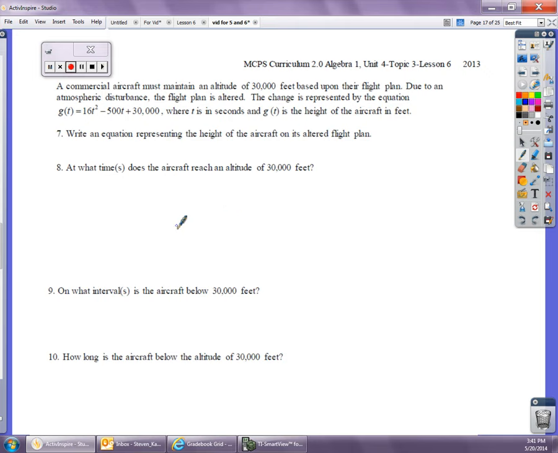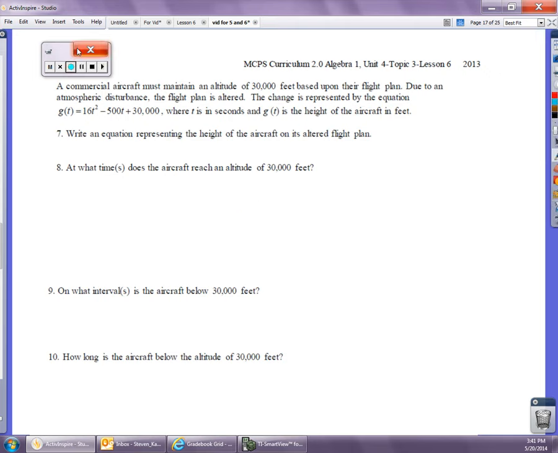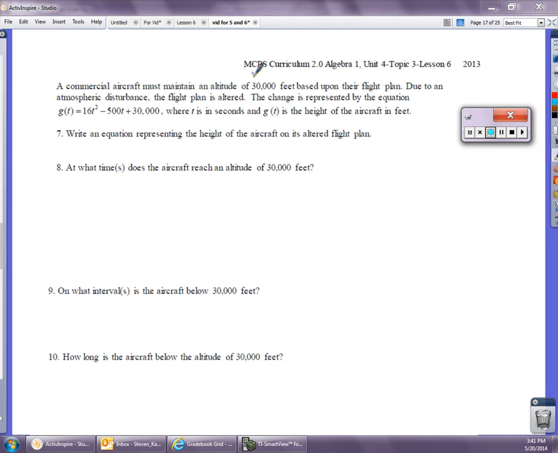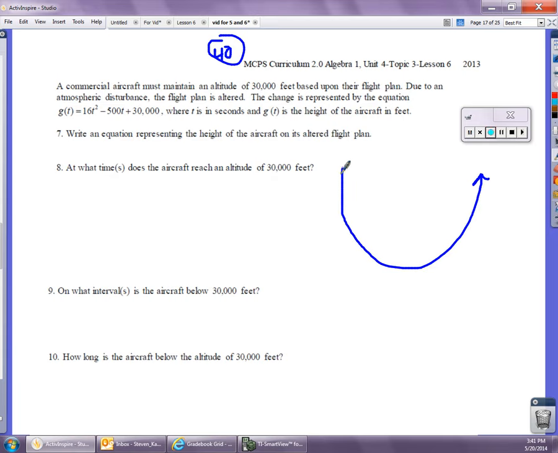So this was part of the lesson. I'm almost positive this is page 40 in your packet. It talks about at what time does the aircraft reach an altitude of 30,000. So there is this plane and it is going to alter its flight plan, and the flight plan is going to dip below the maximum altitude of 3,000 feet.